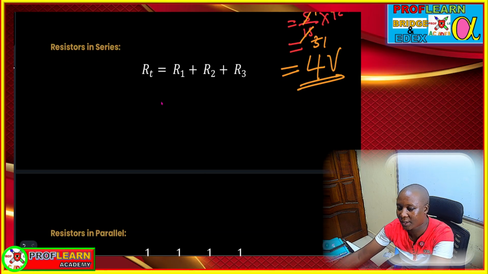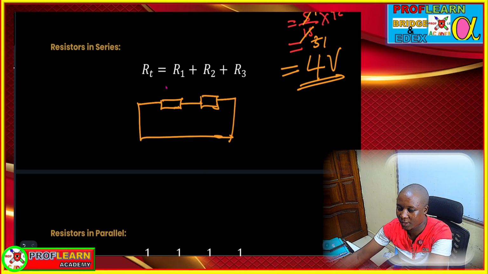If resistors are in series like this in a circuit, and you are supposed to work out the total resistance, this is 4 and 2 ohms. If you are working out the total resistance, R total is going to be equal to 4 plus 2, which is going to be 6.